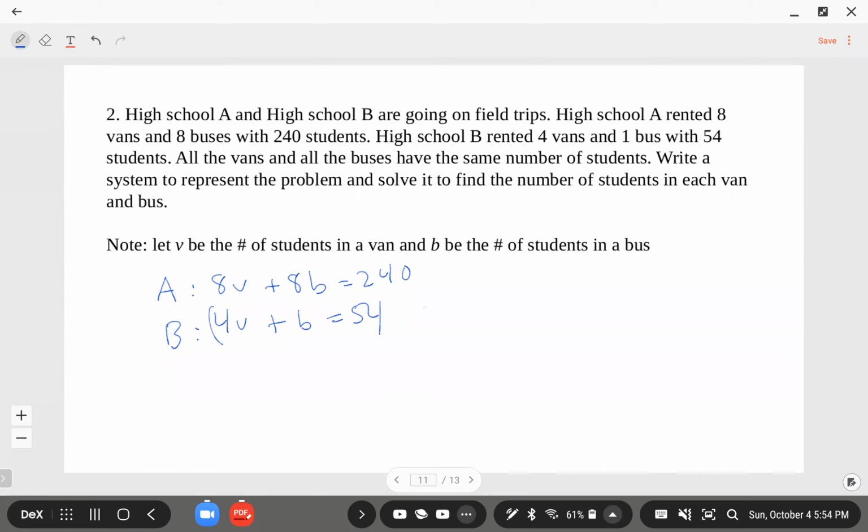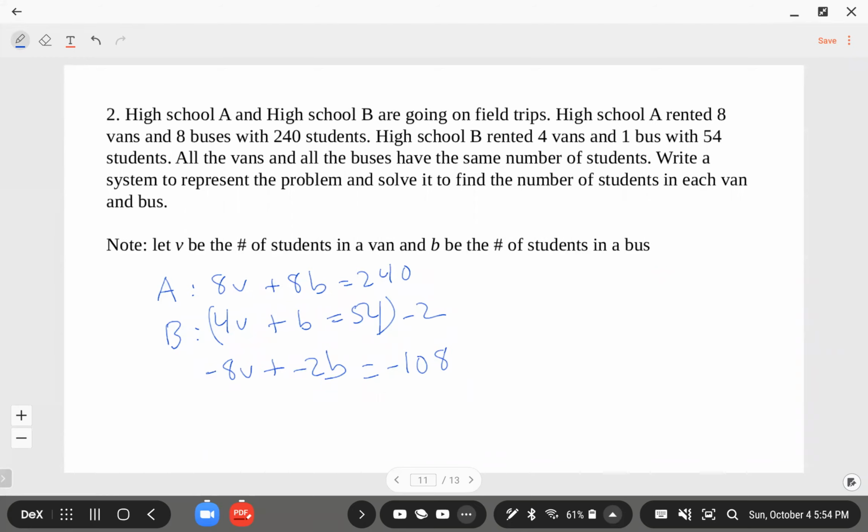So times -2: negative 8v plus negative 2b equals negative 108. And then you just add the equations. What is 8v plus negative 8v?